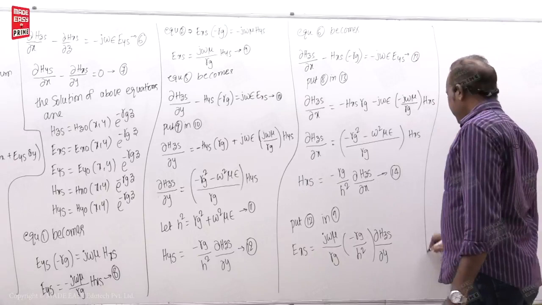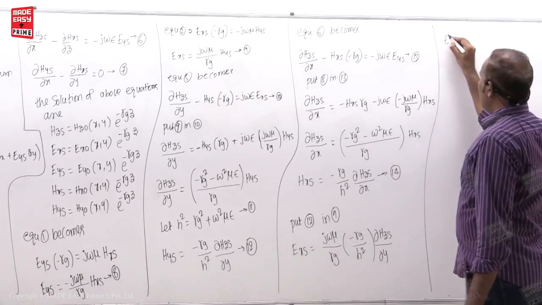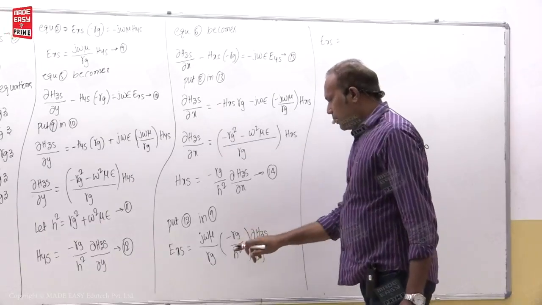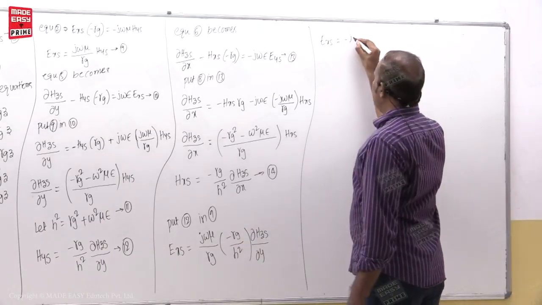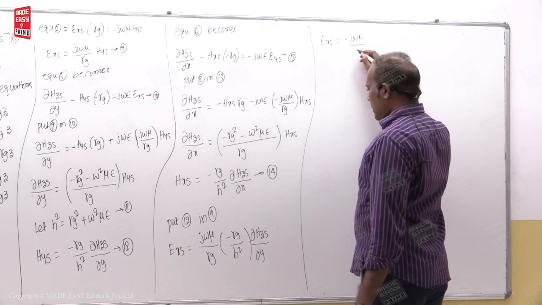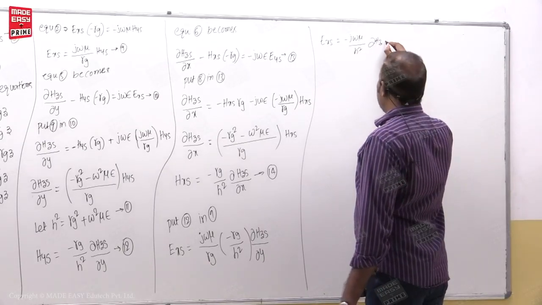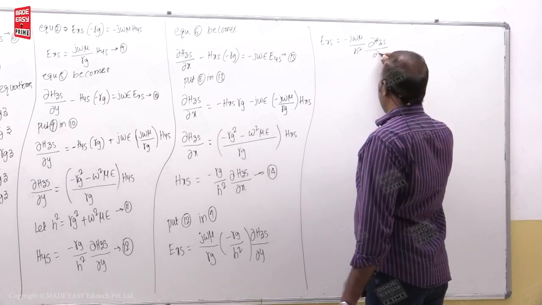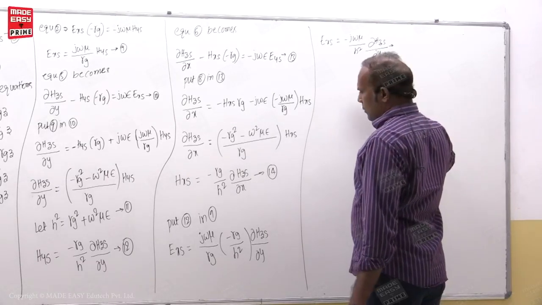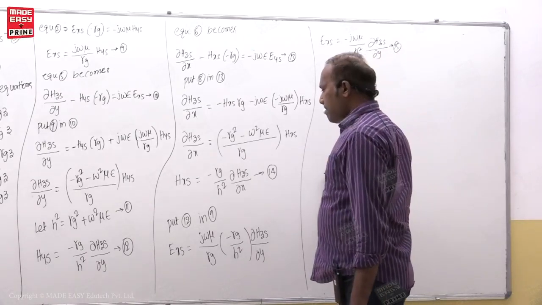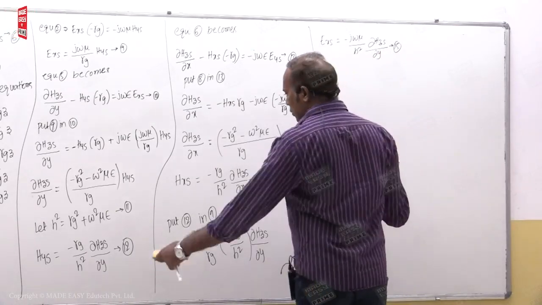So ultimately you have EXS is equal to minus j omega mu divided by h square dou Hzs divided by dou y. Let us say this is equation 14, 15. Similarly, you have substituted equation 12.